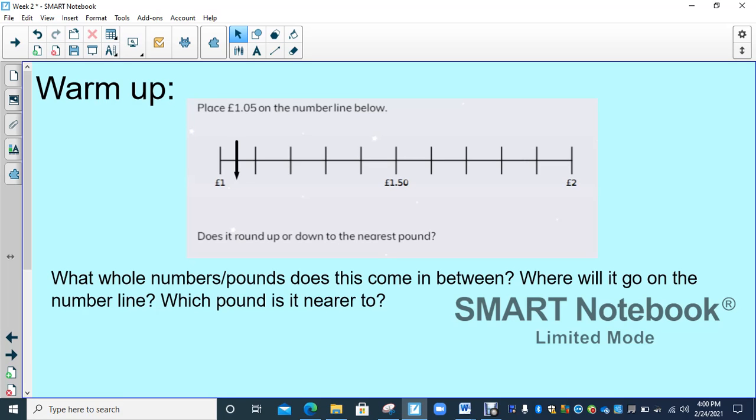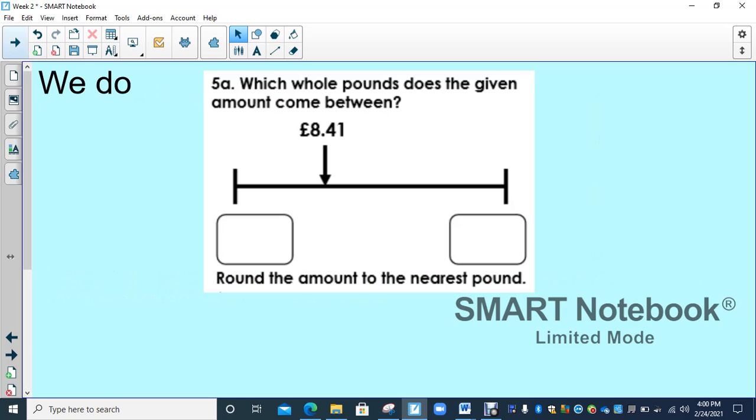Now using £1.50 as my midway point, because 50 pence is halfway between a pound, then I know that £1 5 pence will round down to the nearest pound. If it's 50 pence or more, we round up, or if it's less than 50 pence, then we round down to the nearest pound. So for this one, I can visually see that £1 5 pence rounds down to the nearest pound. Okay, let's keep that in mind as we work through today.